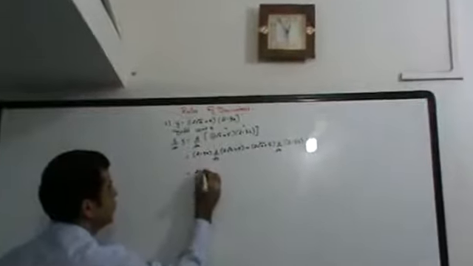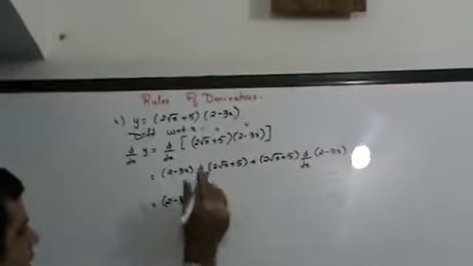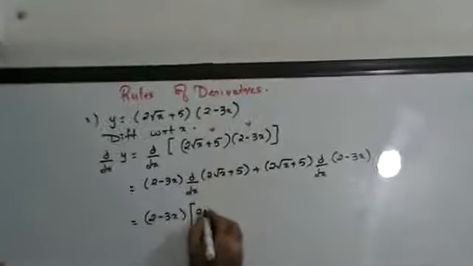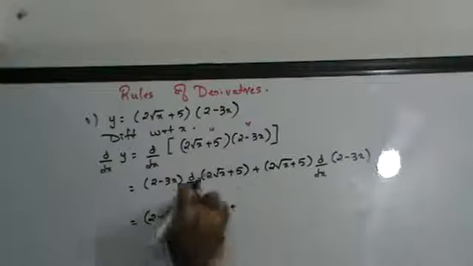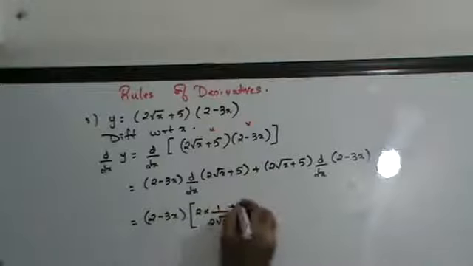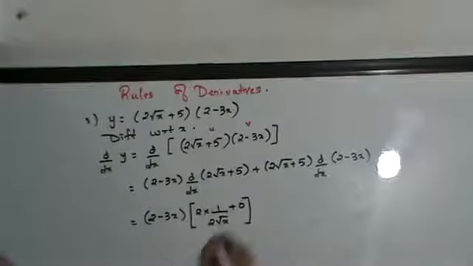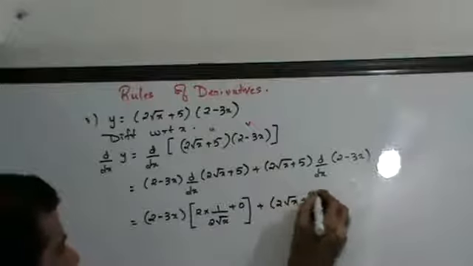Now, this is 2 minus 3x, open the bracket, 2 as it is, dy dx of root x, formula 1 upon 2 root x, plus dy dx of 5. Since there is no x term in it, this is constant, and dy dx of constant is 0, plus 2 root x plus 5.